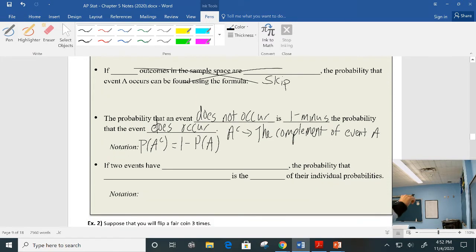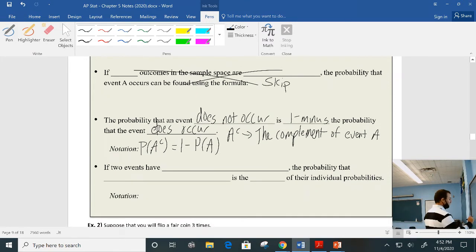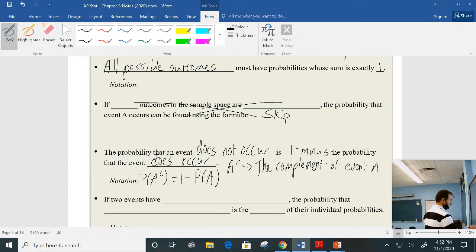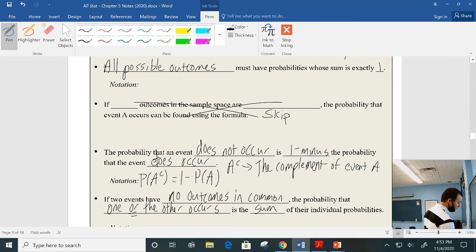If two events have no outcomes in common, the probability that one or the other occurs is the sum of their individual probabilities.